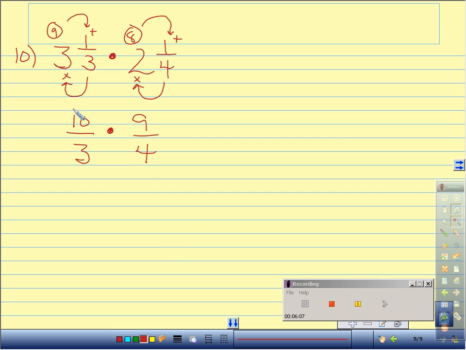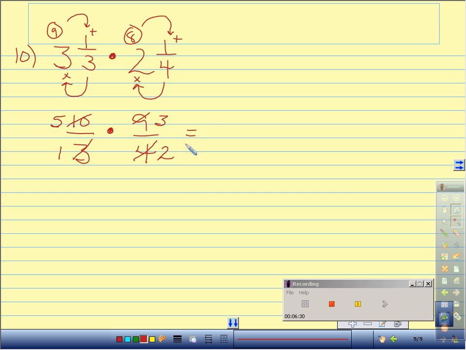Check to see if I can cross reduce. 10 and 4 I can with a common factor of 2. 2 goes into 4 twice. 2 goes into 10 5 times. I can also cross reduce my 3 and 9. Common factor of 3. 3 goes into itself 1 time. 3 goes into 9 3 times.